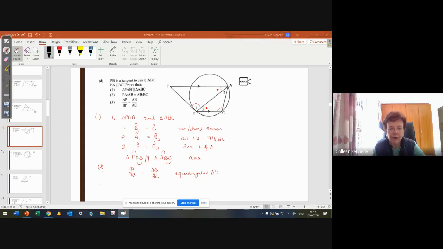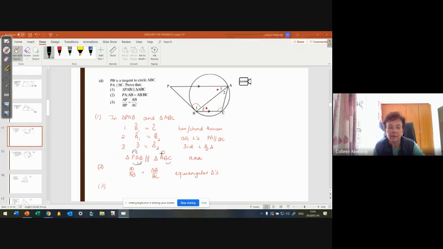All right, and then the third one, now we want AP over BP. Okay, so now I need to change my color so that you can see what we're doing. I'll change it to blue. All right, so if we want AP over BP, it's first and second over first and last.